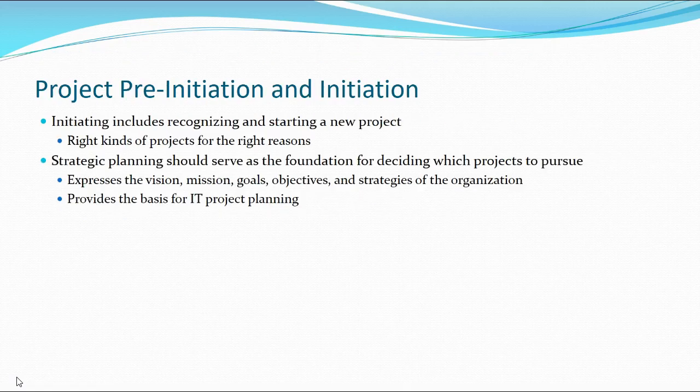So let's talk about what pre-initiation and initiation means. Guys, the old cliche is look before you leap. There are reasons to think about whether or not we should get into a project in the first place. Things to think about: does the project fit with your organization's strategic goals? For example, at St. Francis, our mission and goals are to provide education to better the minds of students at our university, to make our world a better place.